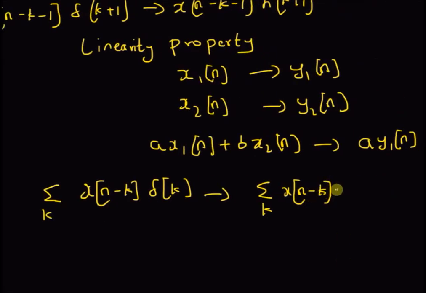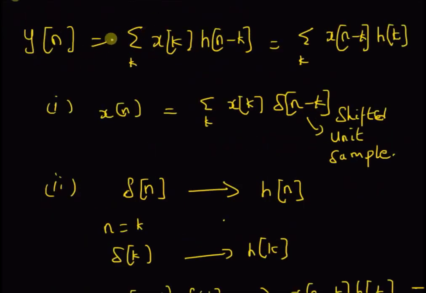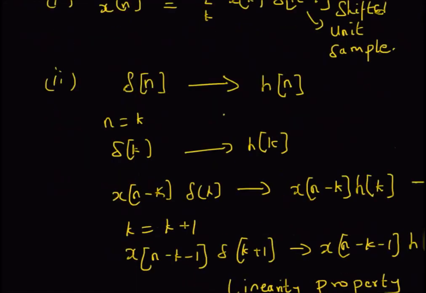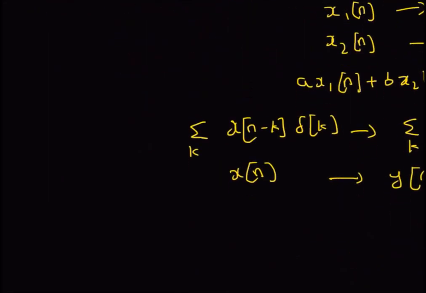That is the summation from k equal to minus infinity to plus infinity of x of n minus k h of k. And clearly this is by definition equal to the input x of n, and this is by definition equal to the output y of n.